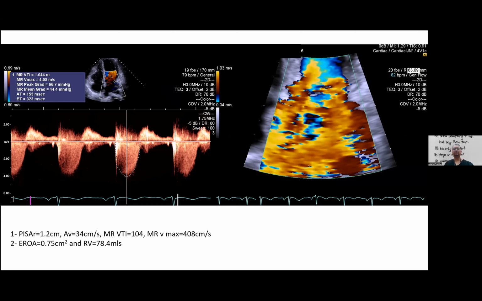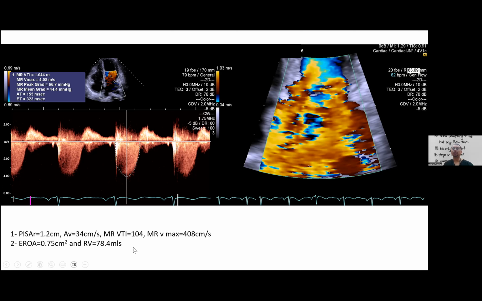This is the way we quantitate the severity of mitral regurgitation. We do something called EROA, or effective regurgitant orifice area. So this is the hole of the leakage. And we take a threshold of 0.4 centimeters squared as severe. You can see this patient has a hole size of 0.75 centimeters squared.